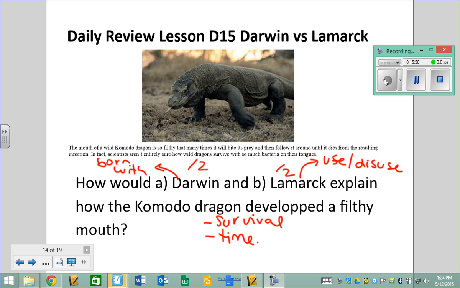The dragon made their tongue filthier, and it helped them survive, so they kept making it filthier and filthier by licking something with bacteria. So Lamarck says the dragon is doing it on purpose, is making it happen. Darwin is saying, no, they are born with it, and because it helped them survive, over time, this characteristic got passed on because the ones who had it were better at surviving.